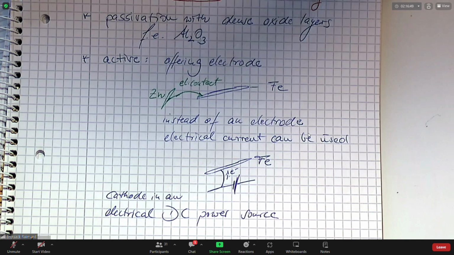This is not really much power, very, very low voltage and current.